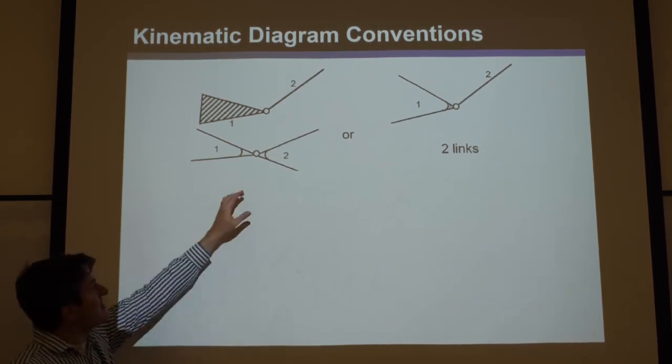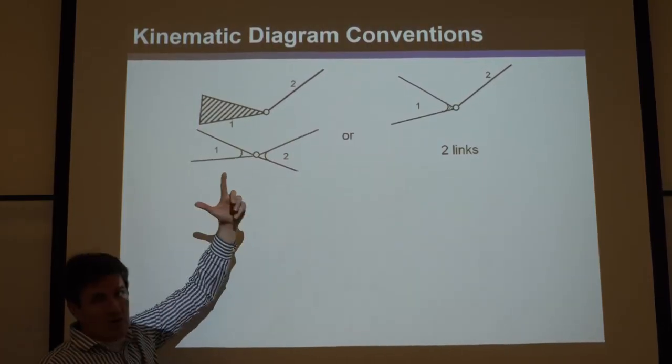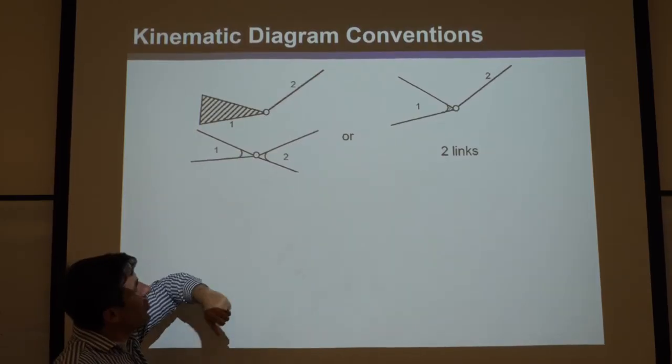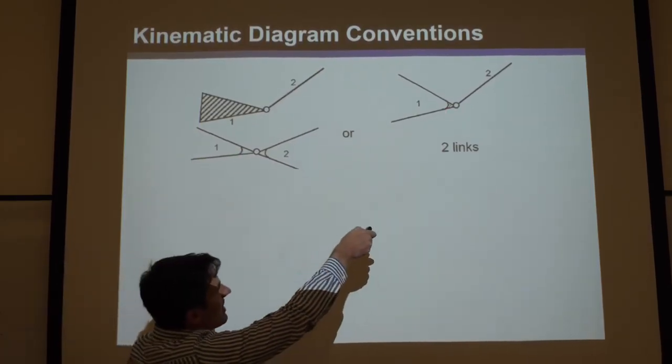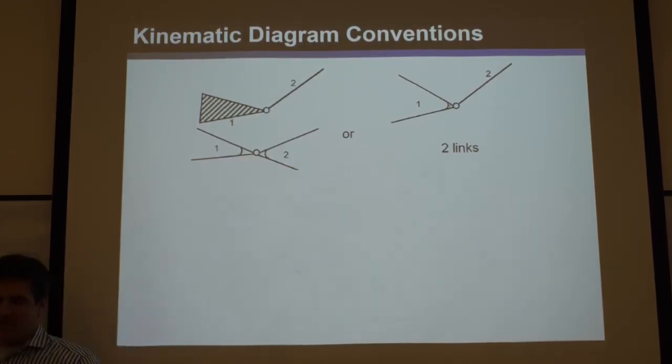If this little curve wasn't there, these would be two different links, is how you'd interpret the skeleton diagram. But since they're drawn together with this, or you can see up here in the top right, they can hatch the inside of that as well. So these are just some conventions.